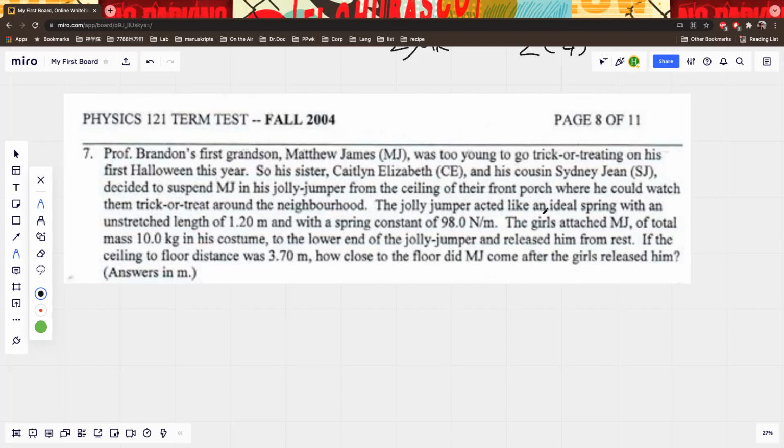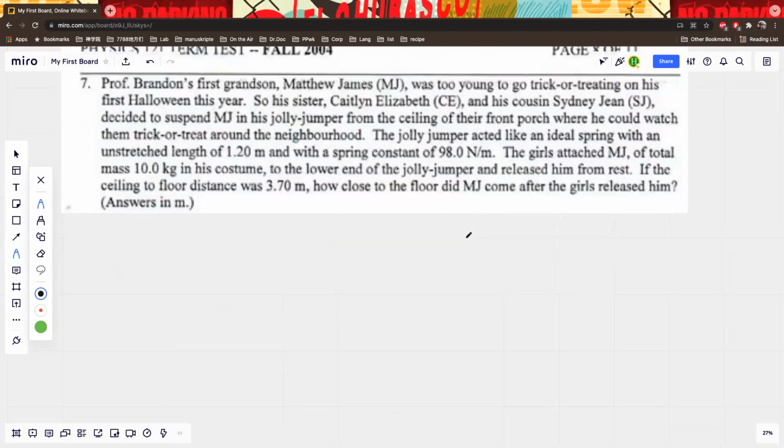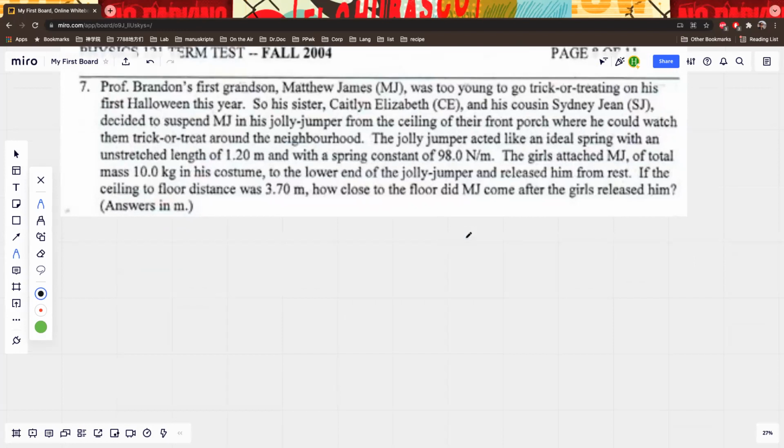The jolly jumper acted like an ideal spring with an unstretched length of 1.2 meters and with a spring constant of 98 newtons per meter. So the unstretched length is 1.2 meters.